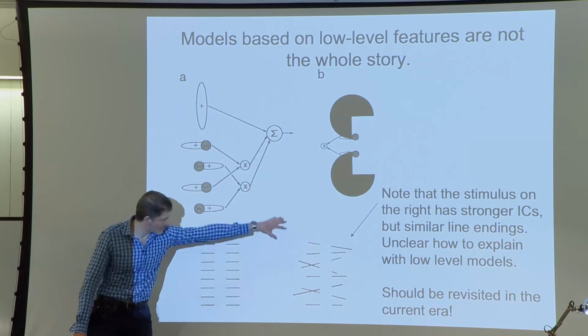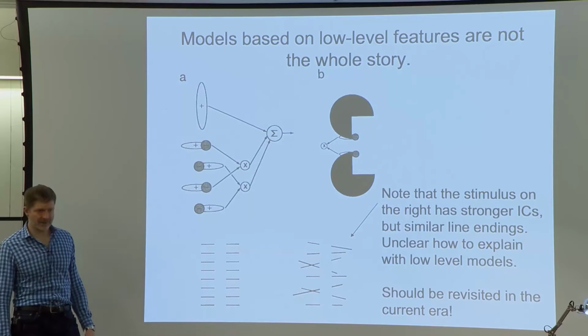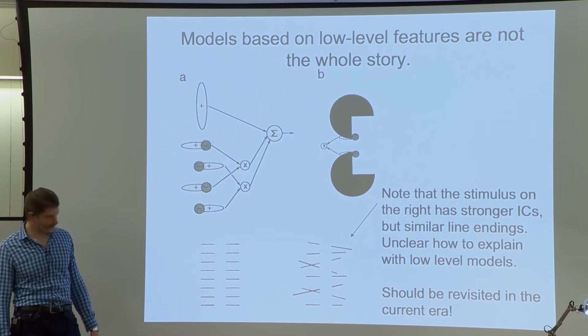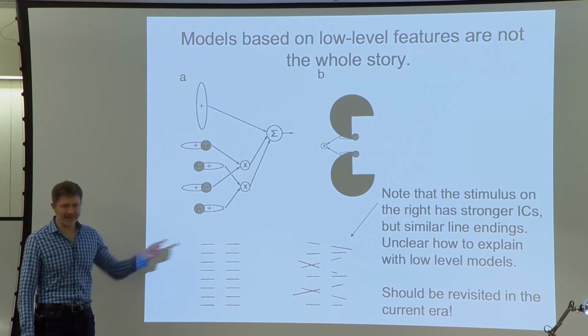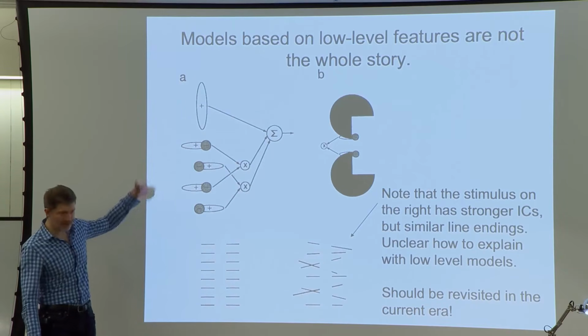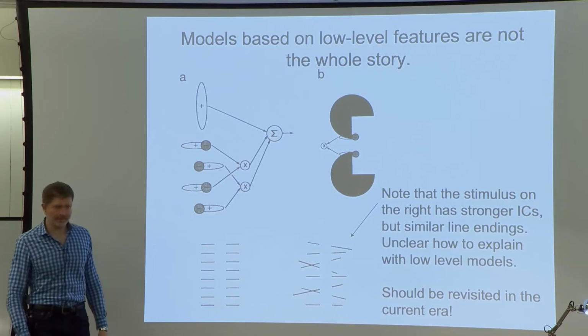Whereas in this case, the most likely explanation is probably that there's an occluding surface that happens to be white. So it's really not obvious how to account for these kinds of differences with low-level, circuit-style models.